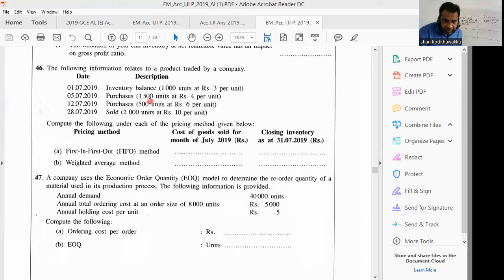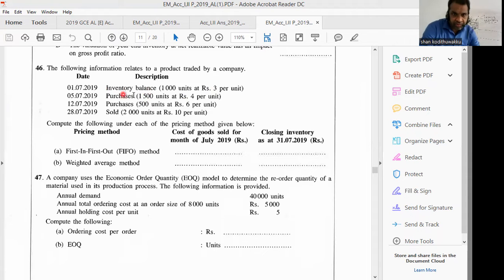You have 1,500 units on 5th July at 4. Therefore, the balance 1,000 you take from this stock, 1,000 at 4. So 1,000 at 3 is 3,000, and 1,000 at 4 is 4,000. Total 7,000. Rupees 7,000 is the cost of goods sold under the FIFO method.